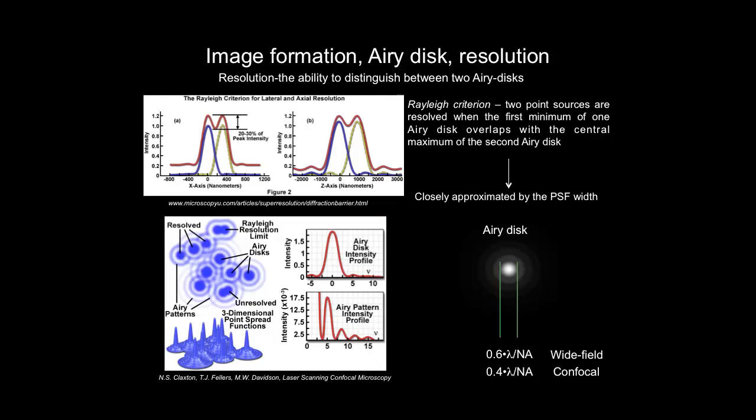Another thing I wanted to mention. We have different factors here. For the wide field and for the confocal, the resolution was measured to be lower. No matter what, this dependence on the wavelength and numerical aperture is the same. That's something you would need to keep in mind for microscopy.